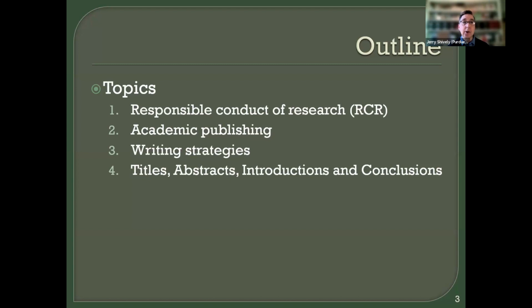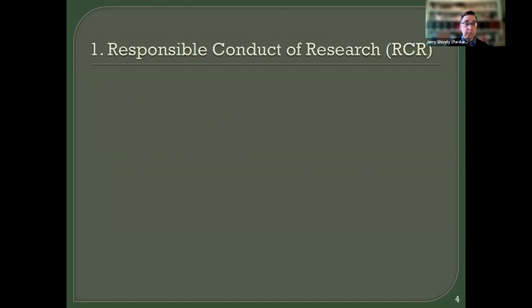Maybe that's the thing that most attracts you to the Learning Lab. And so we'll spend some time talking about strategies for writing that can strengthen your submission to a journal. And then I'll talk a little bit specifically about titles, abstracts, introductions, and conclusions. So that's the basic outline, and we'll have some stops along the way.